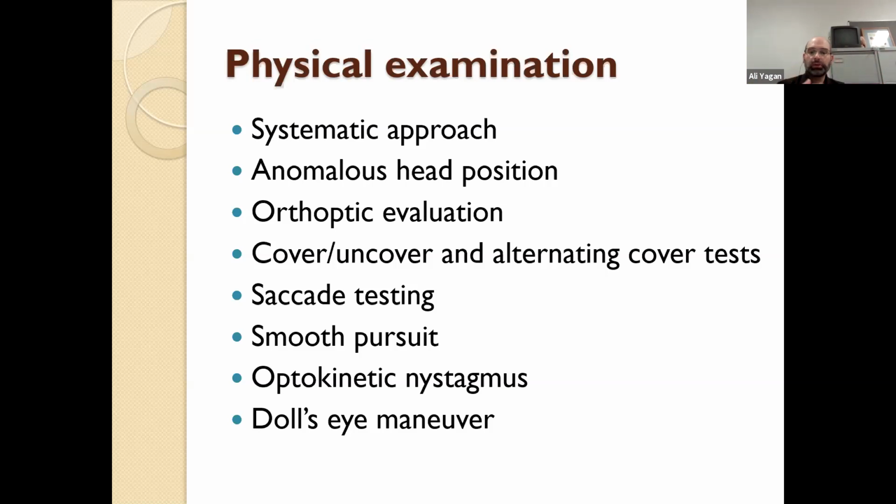You can do the drum, and sometimes, especially in some cases that we will discuss, you have to do a doll's eye maneuver. So you move the patient's head while you're asking them to look at a target, and you see if their eyes move in different directions, and it helps to differentiate nuclear from supranuclear conditions as well.